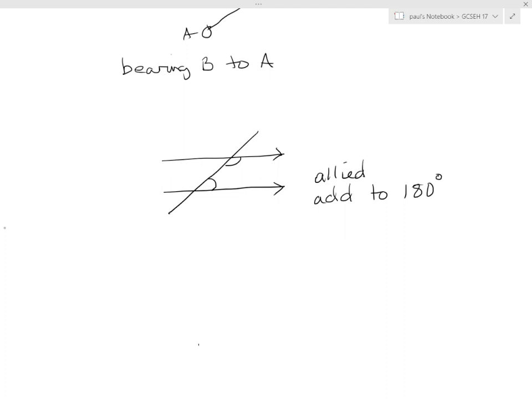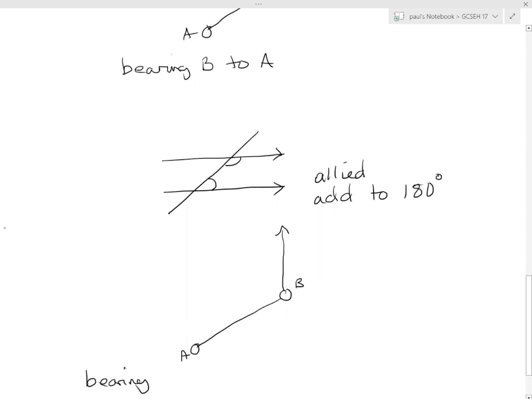So we've got A and B. We're going to have this north, and then the two between them, and we want to find the bearing.